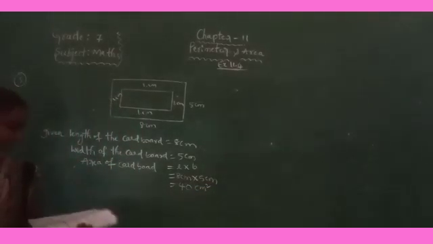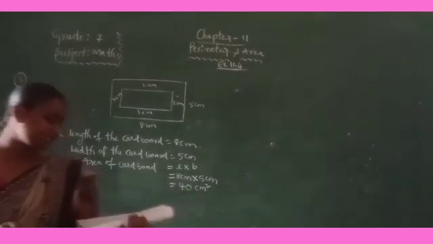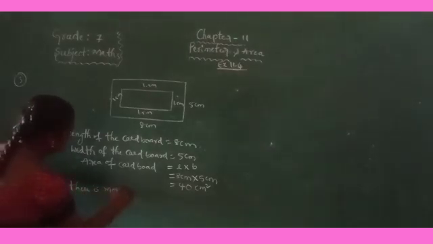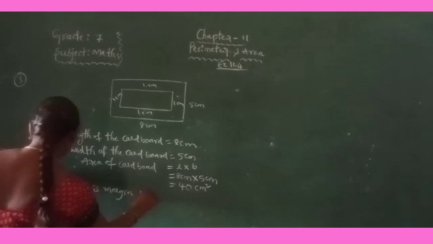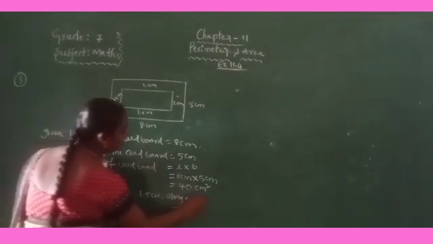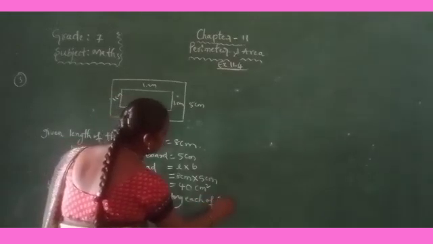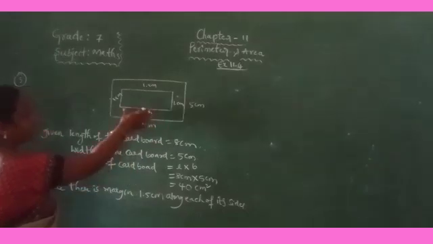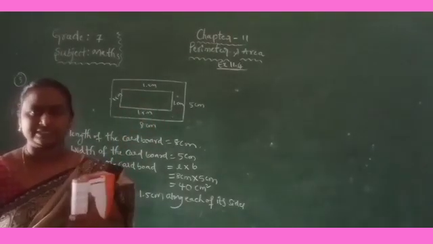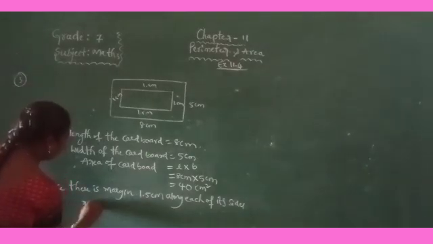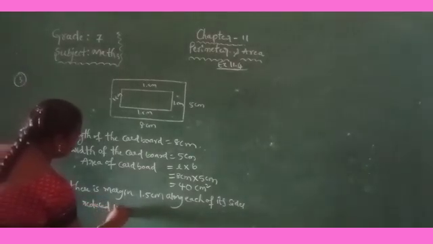After that, what is given? There is a margin of 1.5 centimeters along each of its sides. So there is a margin, and we have to reduce that length. So what we have to do here is find the reduced length.